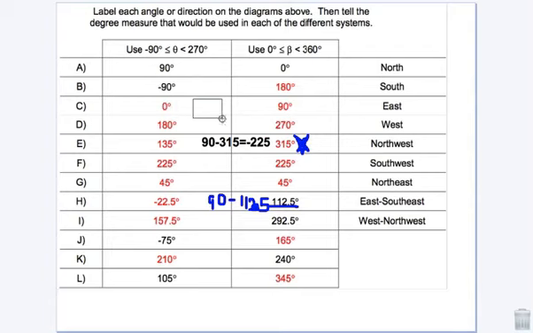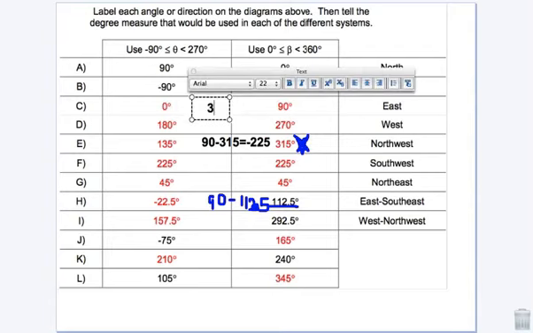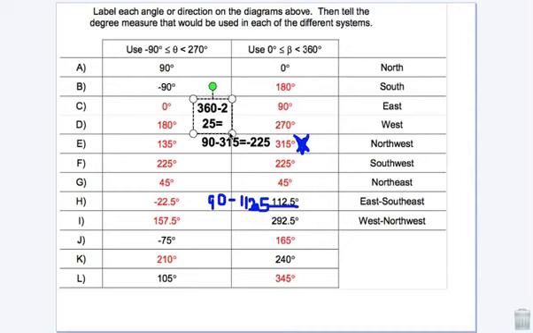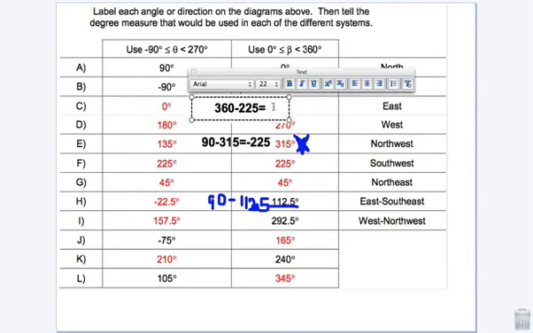If you take 360 degrees and subtract or add our negative 225, but since it's negative, we could just subtract 225. What do you get? Let me change the shape of my box so it all lines up. There you go. You will end up getting 135 degrees, okay?